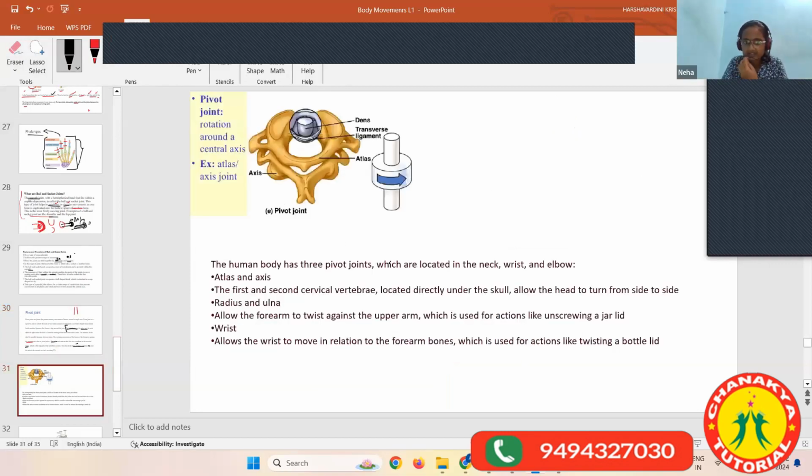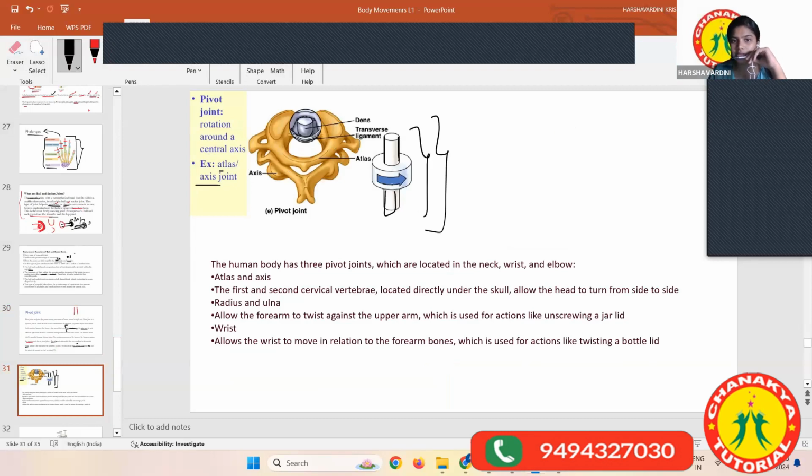Ma'am, can we have a picture of a pivot joint? Yeah, I got it. In the next slide, see, it is basically your head. Pivot joint, rotation around a central axis, the atlas and axis joint. So this is a picture of the atlas axis joint, showing the mechanism of how it rotates.